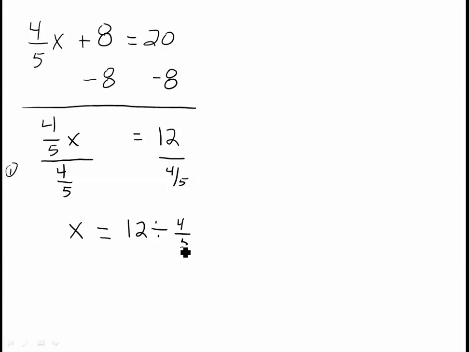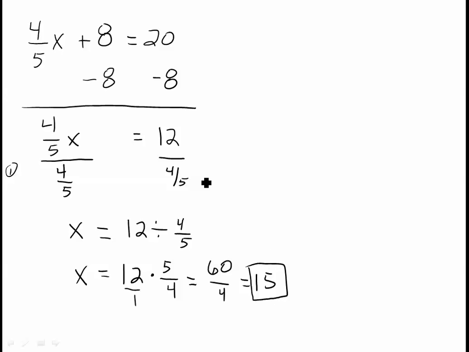This can be tricky to do in our heads at times, but by the definition of division, we can rewrite this as 12 times 5/4. Right? Division means to multiply by the reciprocal. And when you multiply these two rational numbers together, we end up with 60 over 4, which is equal to 15.